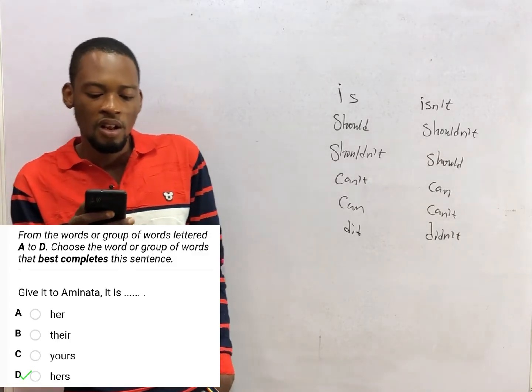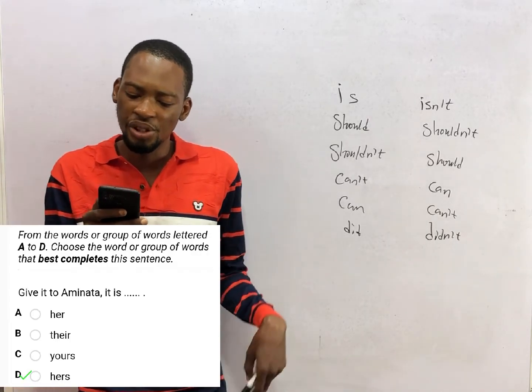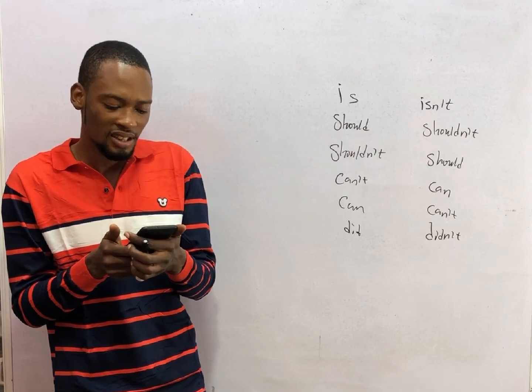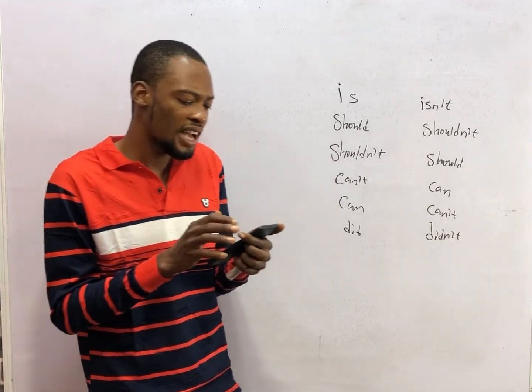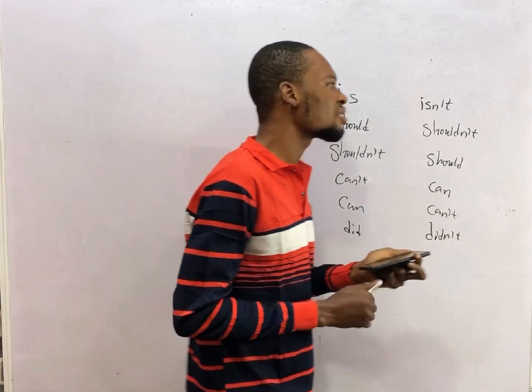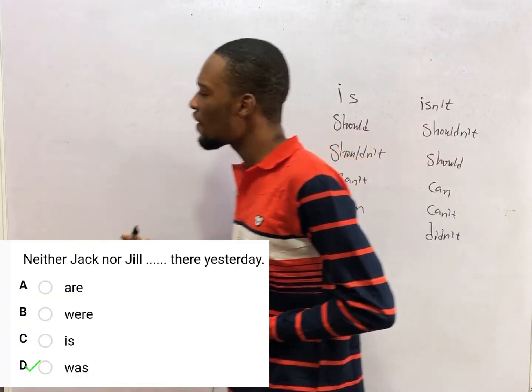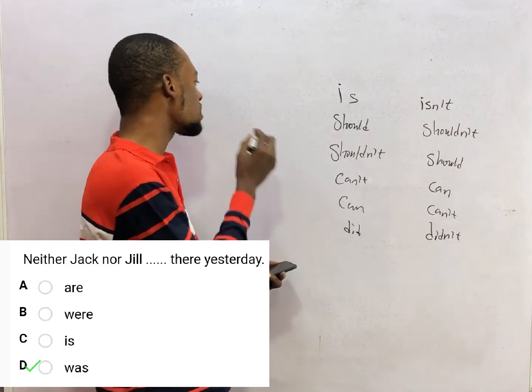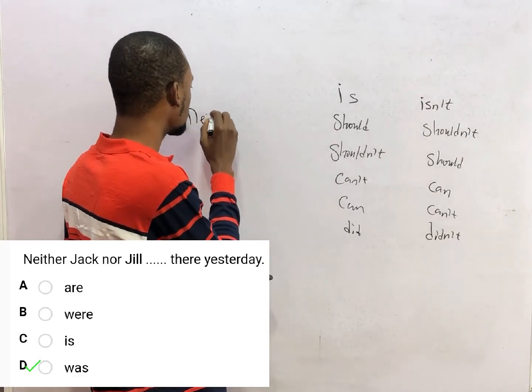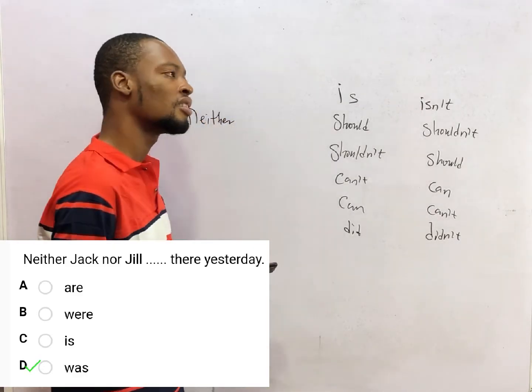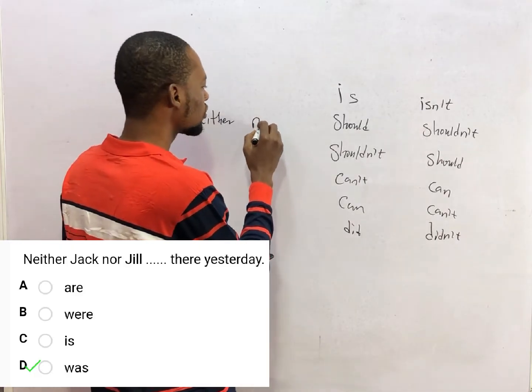Neither Jack nor G dash there yesterday. Now, neither. This is under concord, agreement in a sentence. If I give you a sentence, anywhere you see neither, it should be followed by nor.